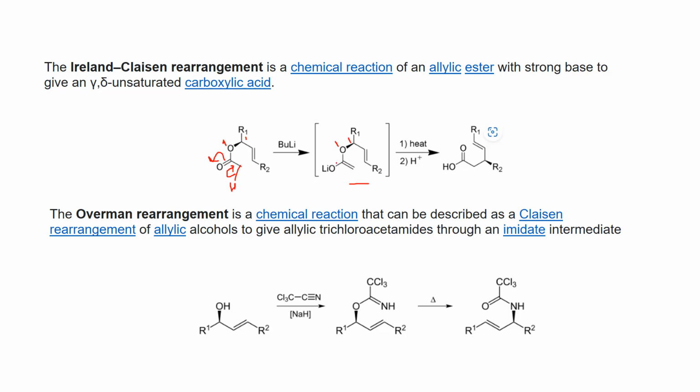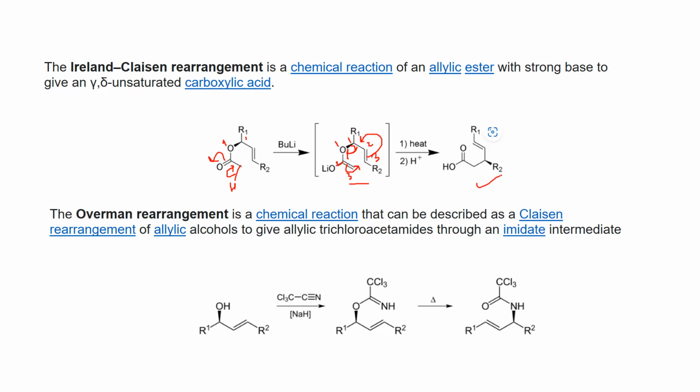Now you can give the numbering. So what will happen? This 1,1 bond will be broken. This goes here. In the presence of H plus, this enolate will be protonated and we will get this as our product.